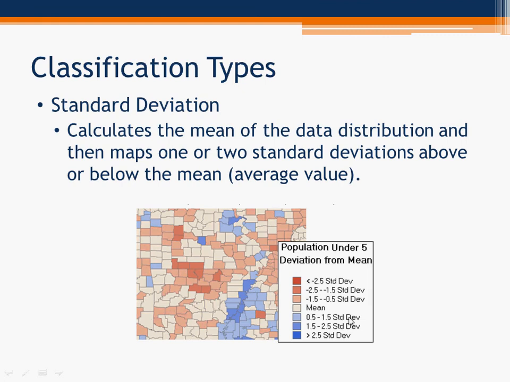If you go down to standard deviations above the mean, we're seeing that some of these darker colored counties have individual populations that are well above the average for the entire data set. So we're just looking at measures of central tendency here with regard to our standard deviation. So those are some basic classification types that you can choose.